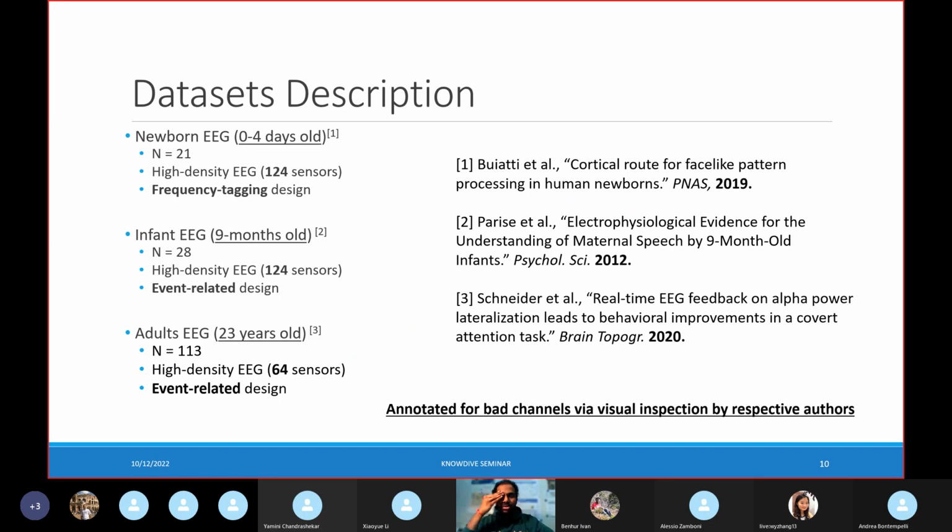But if your question was about collecting the data when they are sleeping so that we can reduce the artifacts, since we are interested in their cognitive perception, I think they have to be awake. They usually have to do some sort of experiment. In the newborns, they had to see a face-like pattern shown on the computer screen, and we try to understand if they can differentiate between two different images, for example. So they have to actively do some sort of work. Okay, thank you.